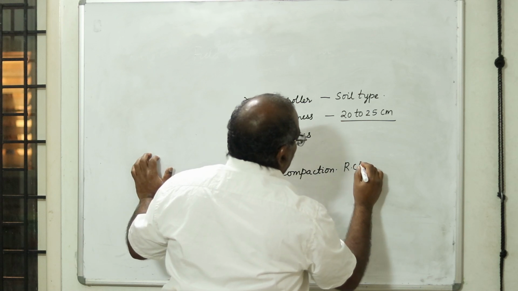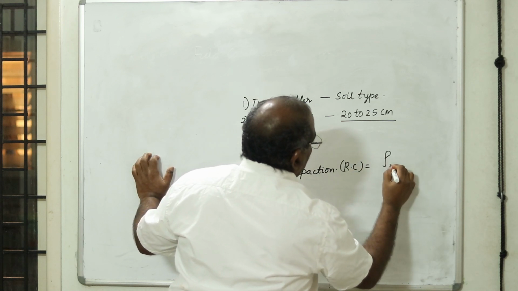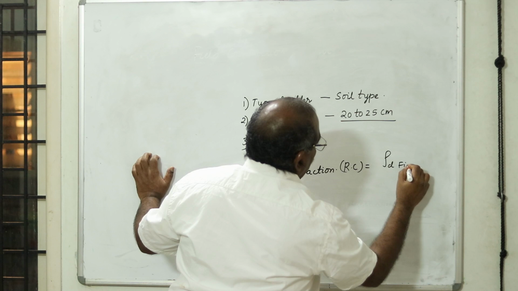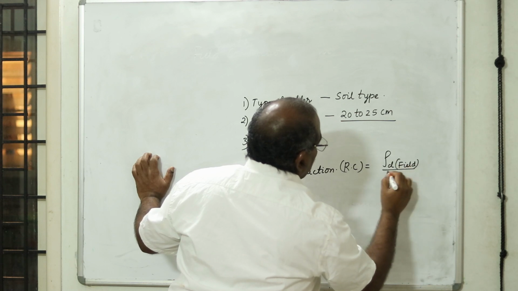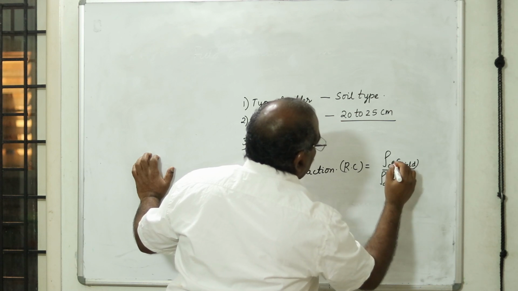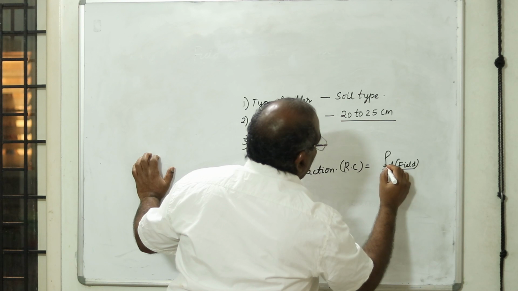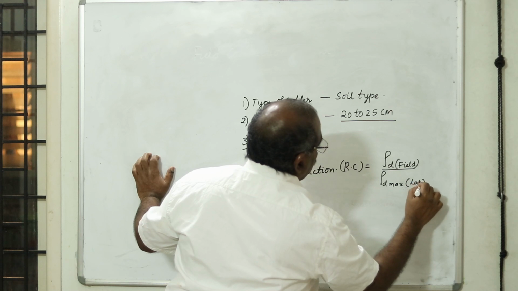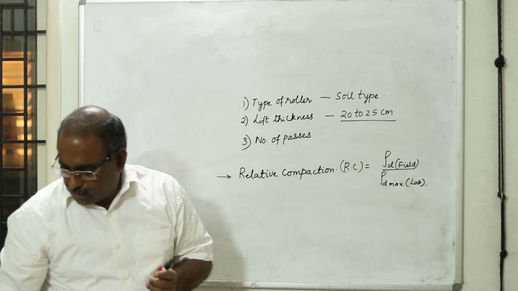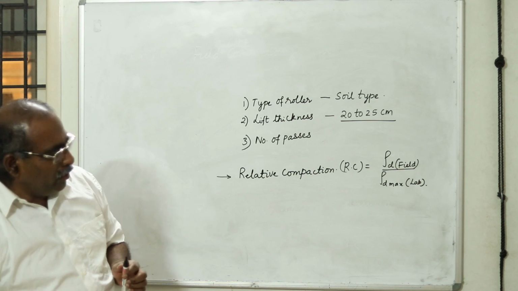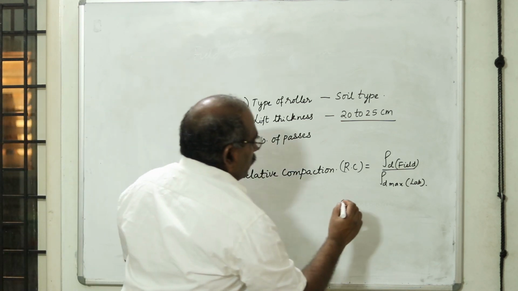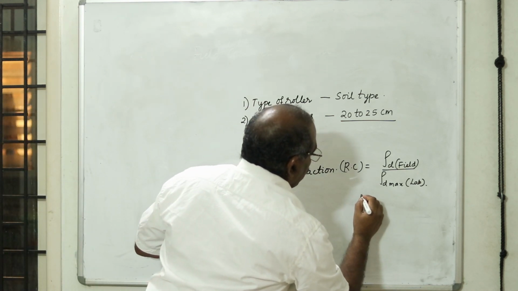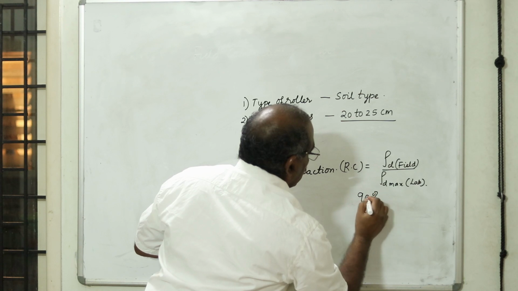RC is nothing but the density achieved in the field to the maximum density achieved in the laboratory. This is the relative compaction. Usually we try to maintain a relative compaction of 90% and above, greater than 90%.